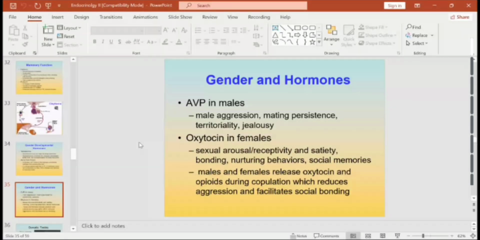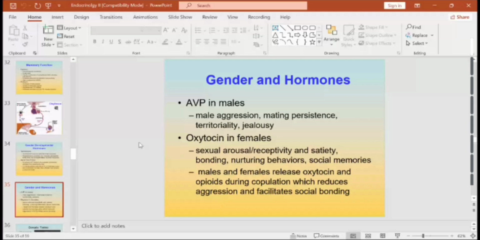And that comes with aggression in males, but we say that in human beings, that is not so self-evident. It also causes resistance in the urge to mate, and territoriality and jealousy.